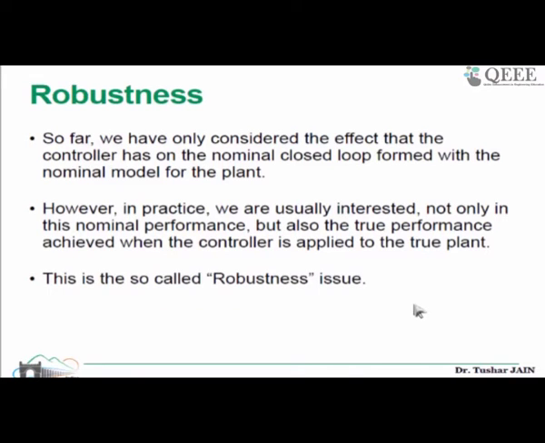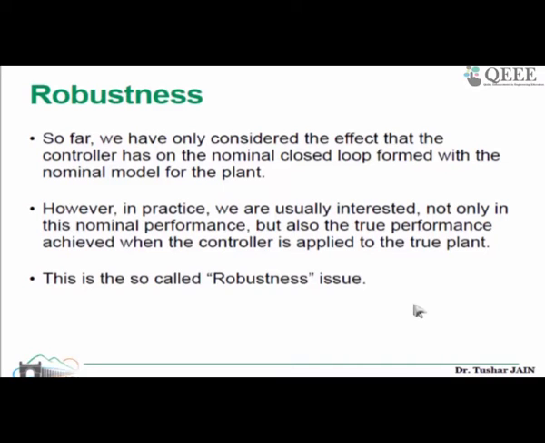Now talking about robustness, this is a very brief description. What we have covered so far is that the transfer function of the plant and the controller is given to us, and there can be some uncertainties, because generally the exact model of the system is not known to us.